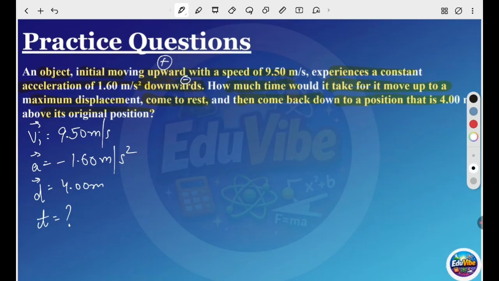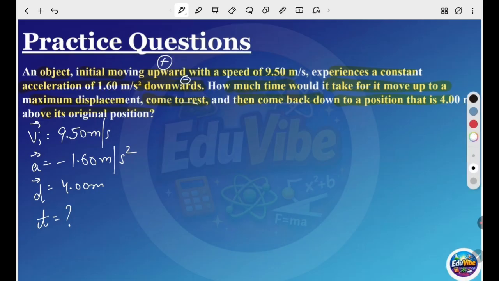But they didn't mention that it comes to rest. They mentioned that it comes to rest, but again they tell us that it comes back to a position where its original position is. So this does not mean that our final velocity is 0 meter per second. This means that we have to calculate firstly the final velocity, because we know the formula which uses the final, initial and acceleration.